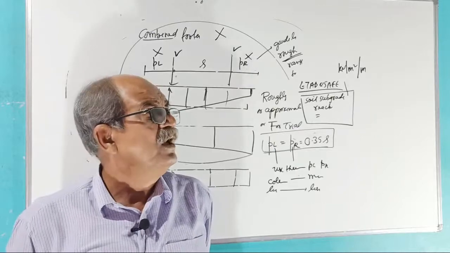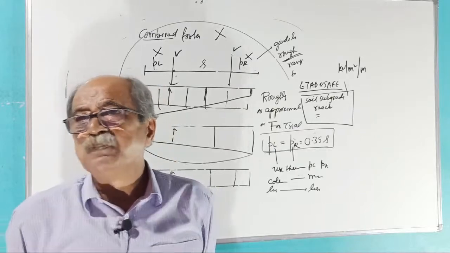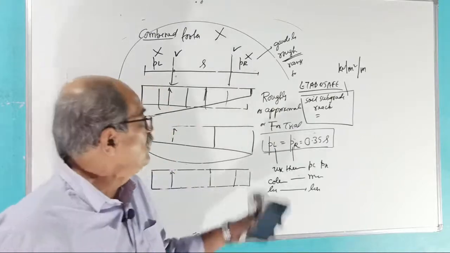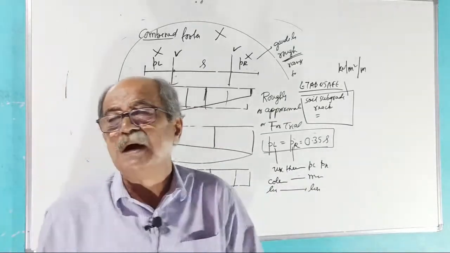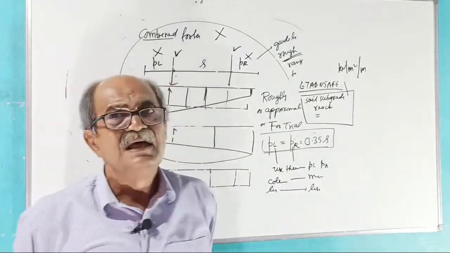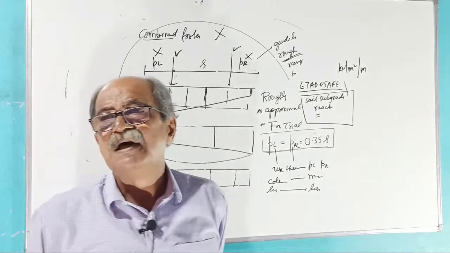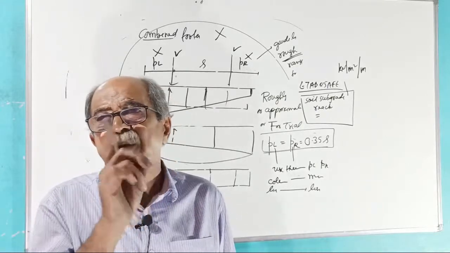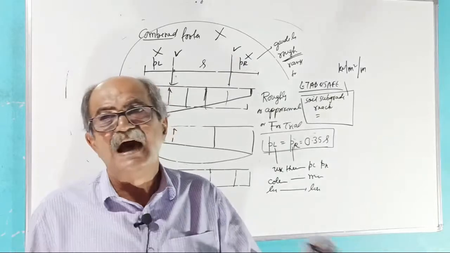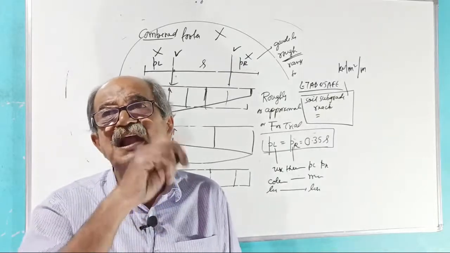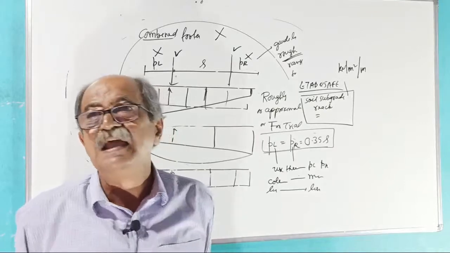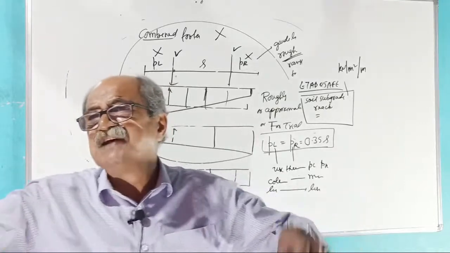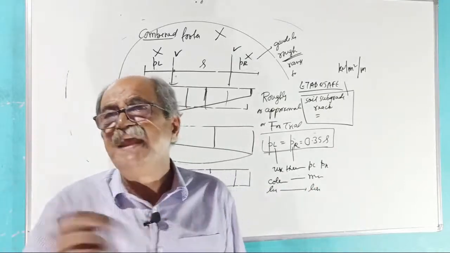So in the case of footing, you get the pressure as P by A plus or minus M1 by Z1 plus or minus M2 by Z2. That theory is not perfectly correct. That is correct if the soil is unyielding. When the soil is yielding, because of differential settlement, pressure will vary.